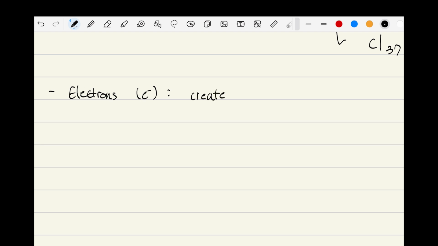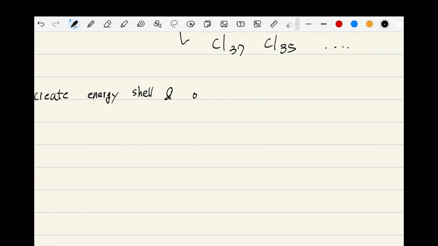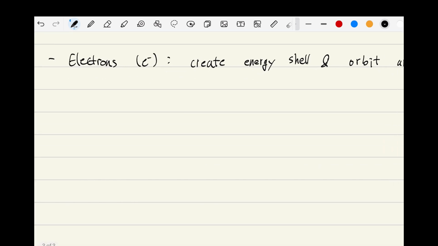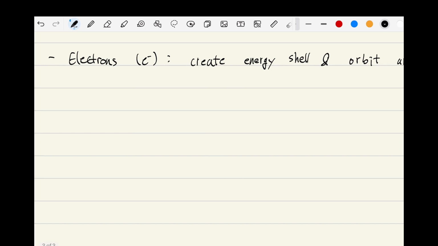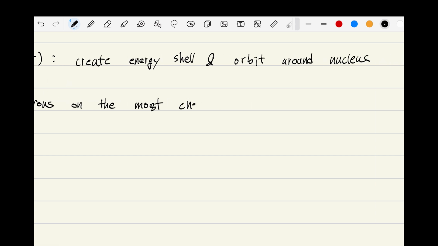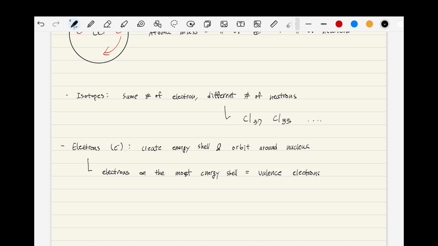Electrons in atoms create energy shells, and they orbit around the nucleus. The electrons on the most outer energy shell are called valence electrons.